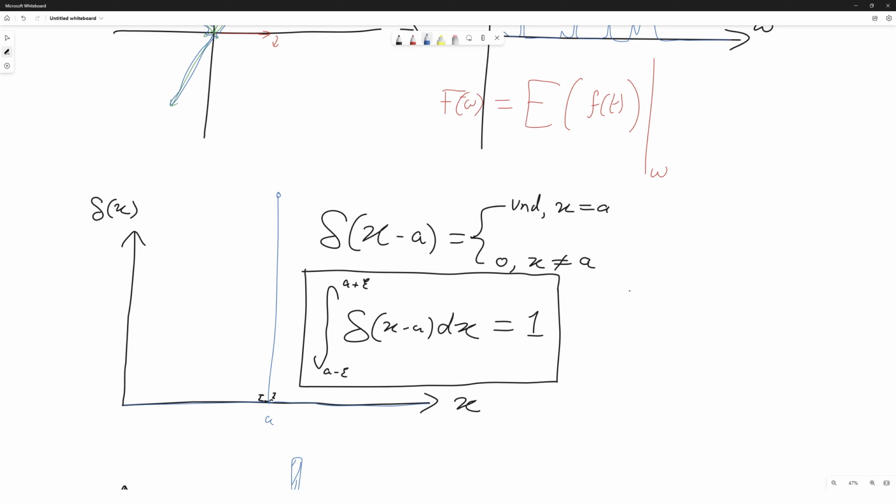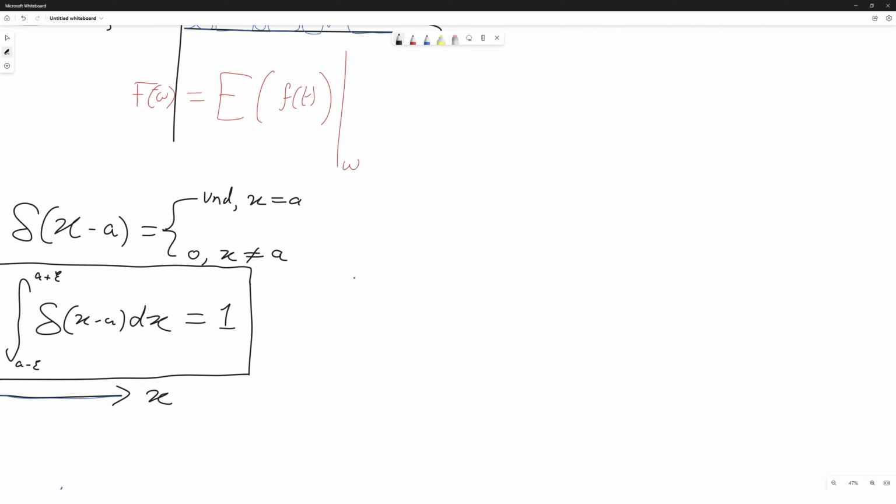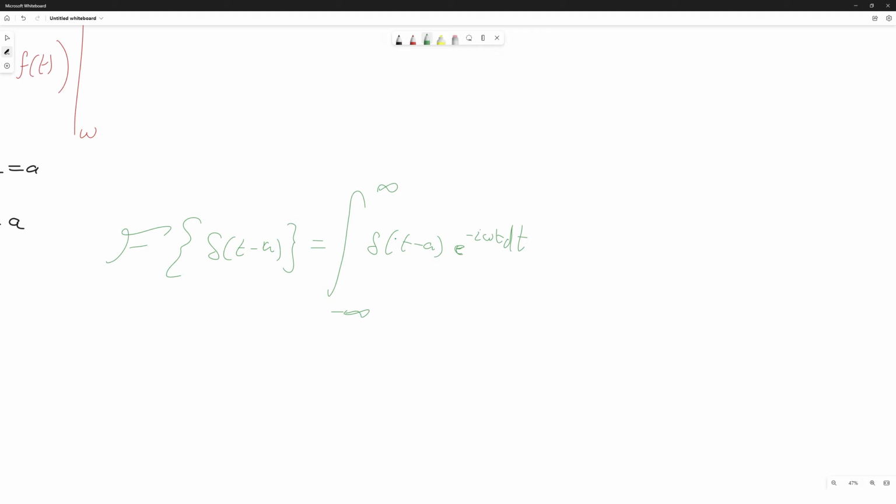And one very interesting thing about the Dirac Delta function is let's take the Fourier transform of it. So let's take the Fourier transform, which we write like this, the Fourier transform of delta of t minus a. This is equal to 0 for every value of t which is not a.